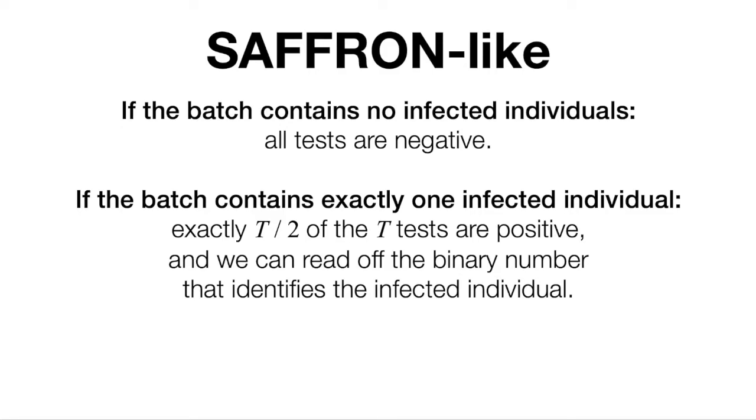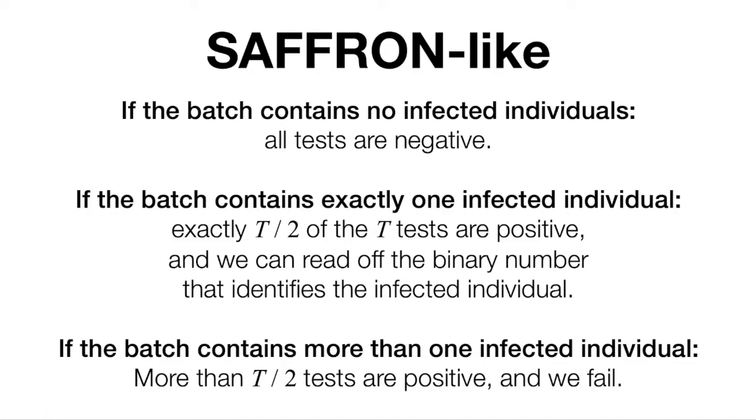So we'll recognise this because exactly half our tests will be positive. So we'll know that there was only 1 infected individual. And not only that, because of this v w pattern we had, the positive tests will kind of write out the binary number followed by its flip. And so we can just read off which number it is that is the infected individual, and we'll find it.